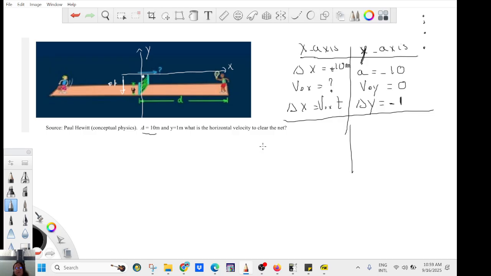Okay. I want to find delta x equals, no, delta x I know, right? So do it. Don't look. So 10 equals V0x times the time. I do not know V0x, and the time I do not know.